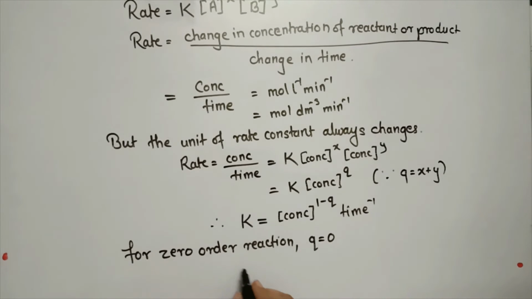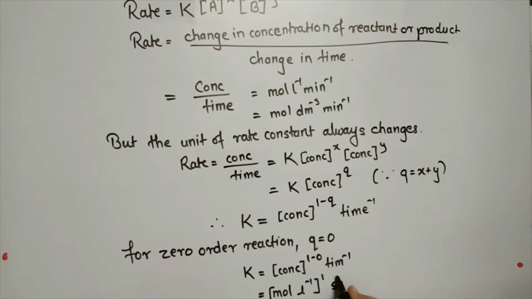So now putting this, K is concentration raised to 1 minus 0 per time. So the unit will be mole per liter raised to 1, and time is expressed in second. So the unit will be mole per liter per second. Okay.